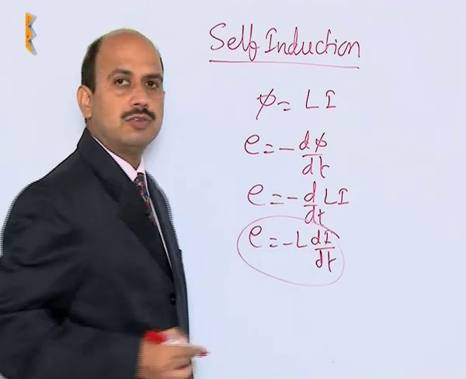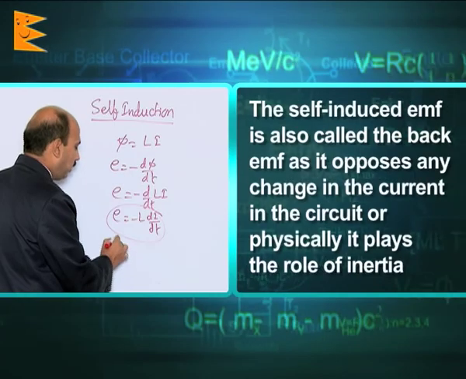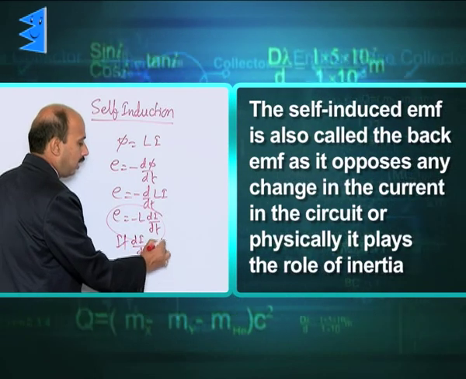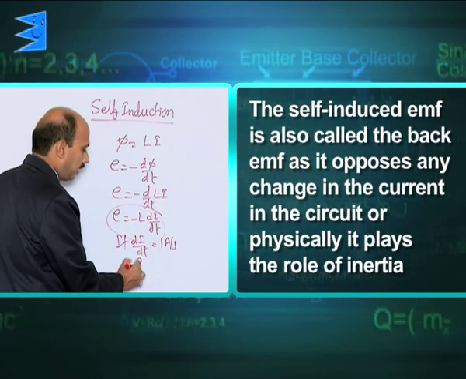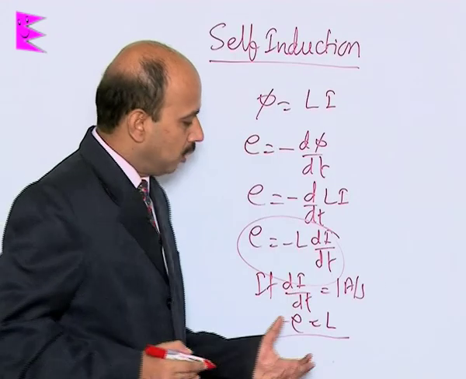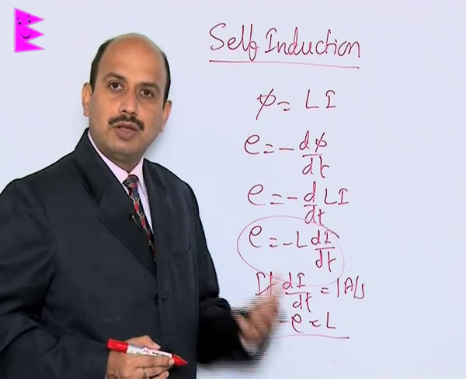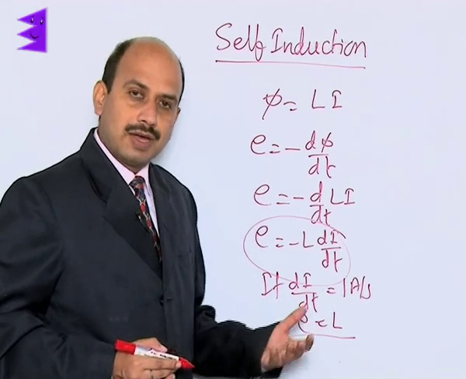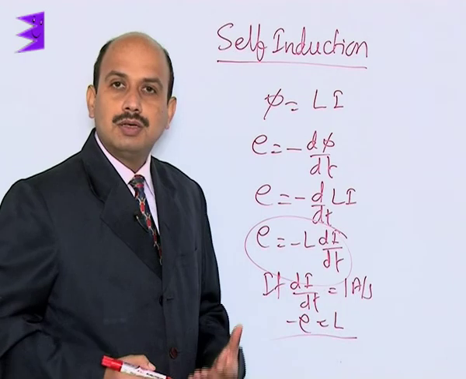This is the induced EMF in the coil. If you take di upon dt equal to 1 ampere per second, then magnitude of E is equal to L. It means the coefficient of self inductance of a coil is equal to the induced EMF in the coil when the rate of change of current is 1 ampere per second.